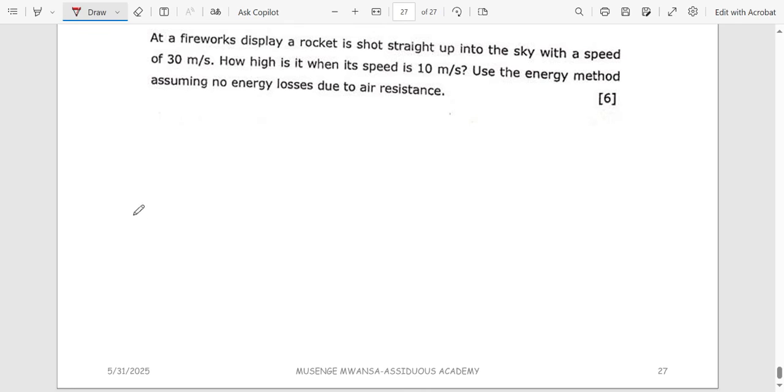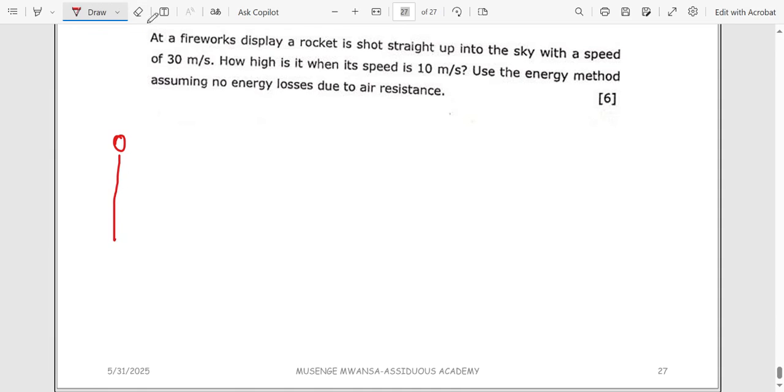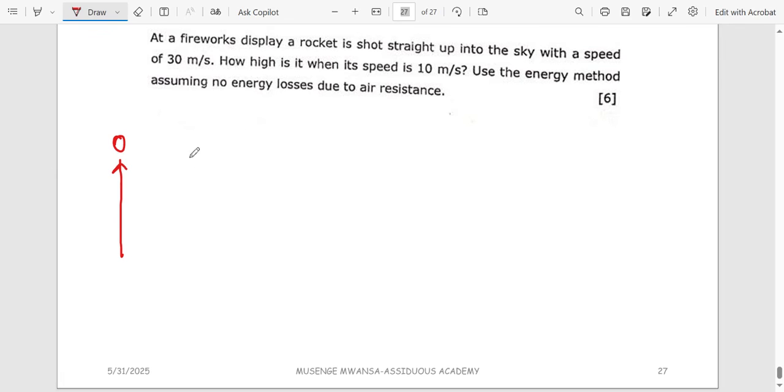So I've got something that is being shot straight up, with a speed of 30 meters per second. How high is it when its speed is 10 meters per second? So when you reach 10 meters per second, use the energy method, assuming no energy is lost.